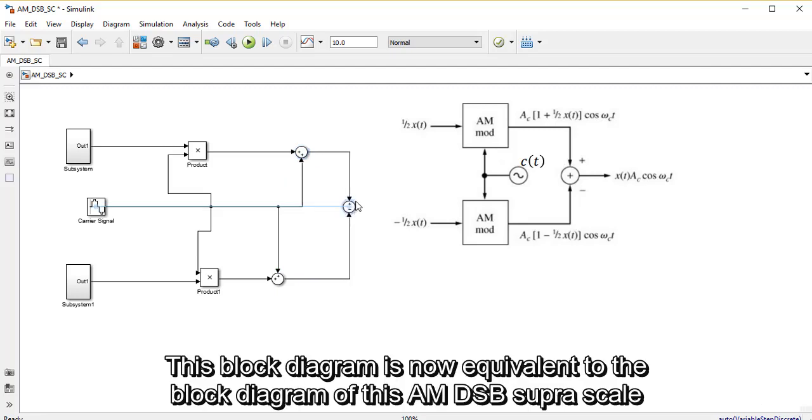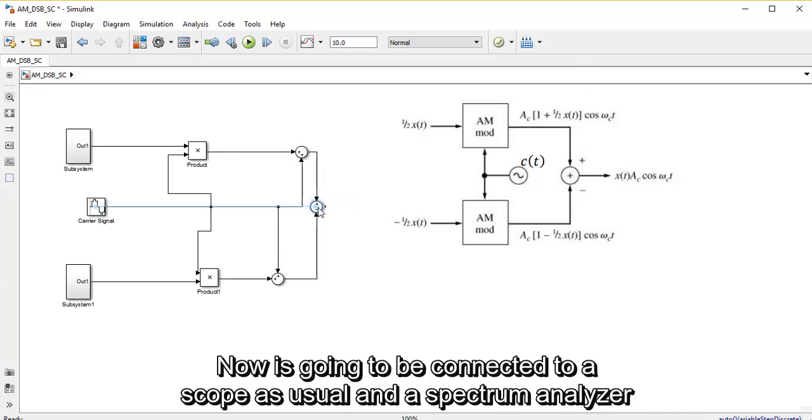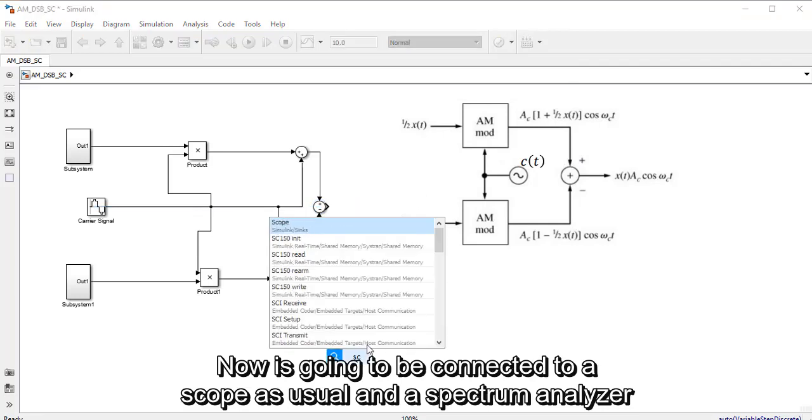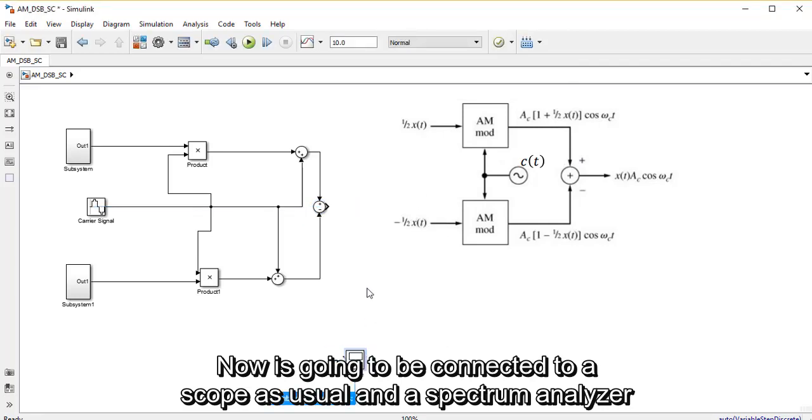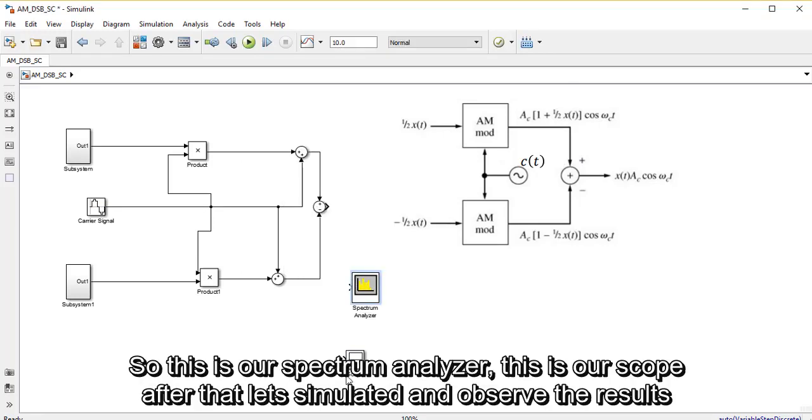This block diagram is now equivalent to the block diagram of this AM DSB suppressed carrier. Now it's going to be connected to a scope as usual and a spectrum analyzer. So this is our spectrum analyzer, this is our scope.